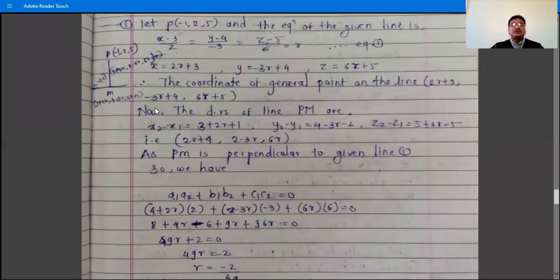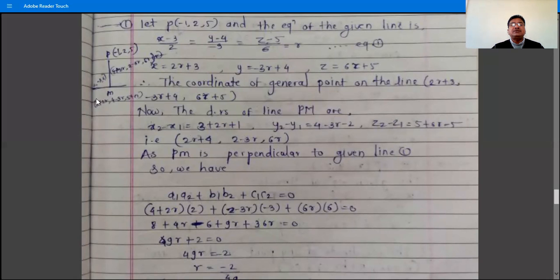The direction ratios of the line PM: if we know two points on the line, then we have the direction ratios of the line. So the coordinates of M are of this form: (2r plus 3, minus 3r plus 4, 6r plus 5). And so what are the direction ratios of line PM?